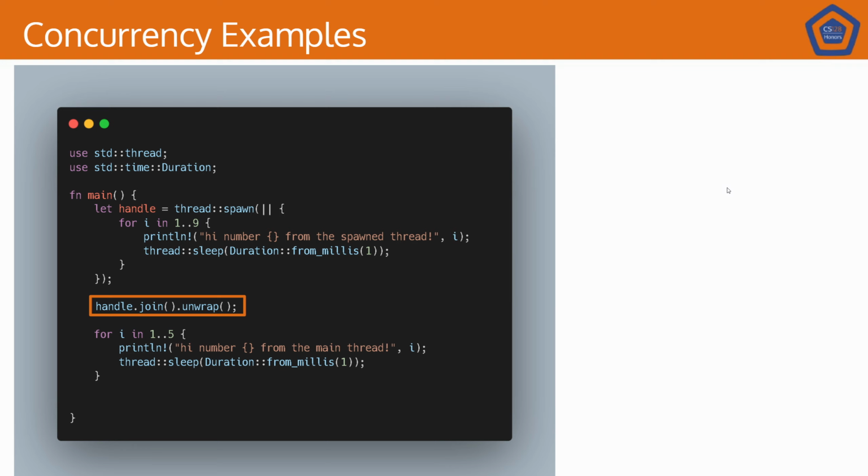Okay, what happens if we move it here? A lot of you might say, okay, this will clearly do 1, 2, 3, 8, 9, and then it'll do 1, 2, 3, 4, 5. These are from spawn, and these are from main.